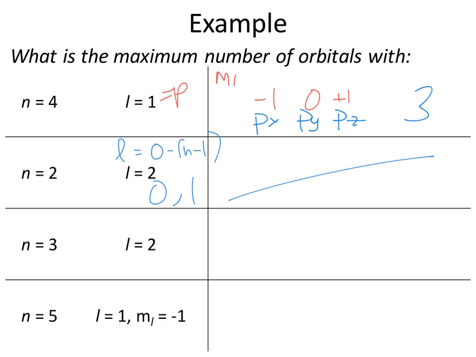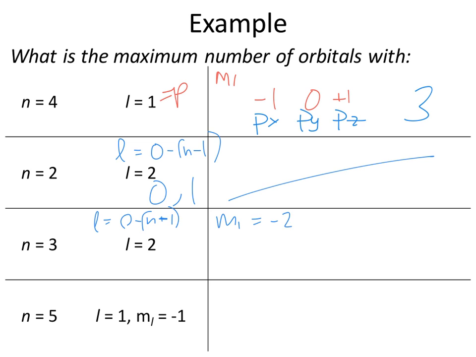n is equal to 3, L is equal to 2. So with L equal to 2, we have to figure out what the ML value is. When we look here, the value of L equal to 2 can fit with n equal to 3, because remember, L is equal to 0 to n minus 1. So that should be fine, L can be 0, 1, or 2. So ML is equal to negative L to positive L: -2, -1, 0, plus 1, and plus 2.